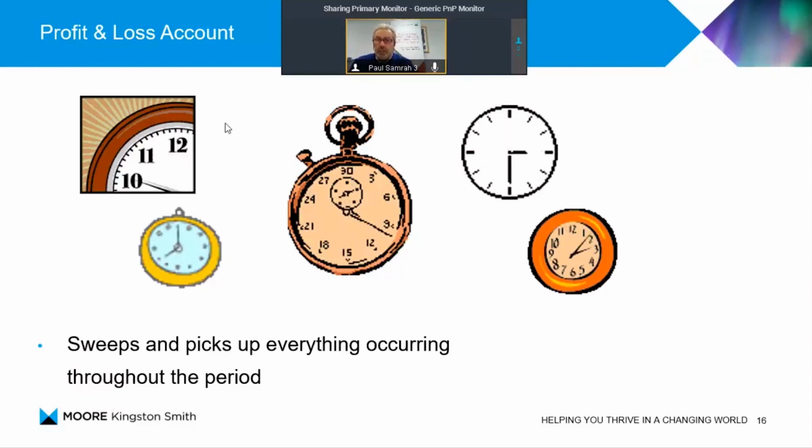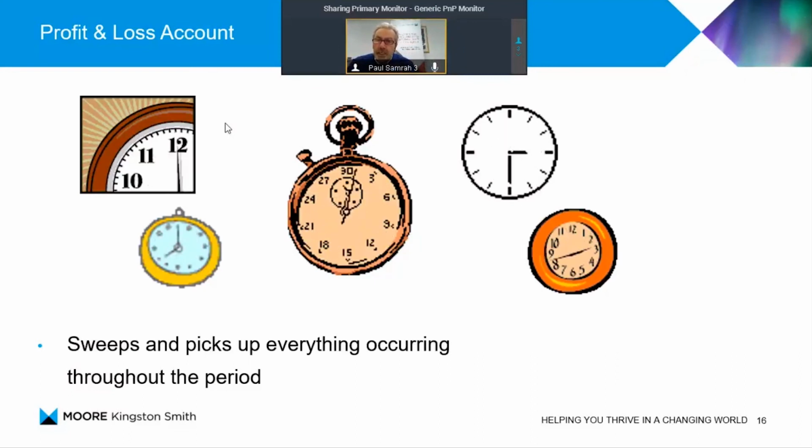And remember, in part 1, we talked about the accruals basis. Here, the profit and loss account will pick up everything that has been invoiced and relates to the current period, and we'll bring that in as sales or as expenses. So everything that relates to the period, the whole 12 months, will be brought in to the profit and loss account. It isn't just a question of picking up an invoice and putting it in this set of accounts.